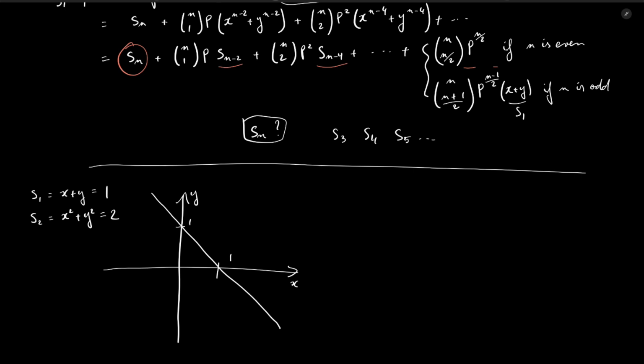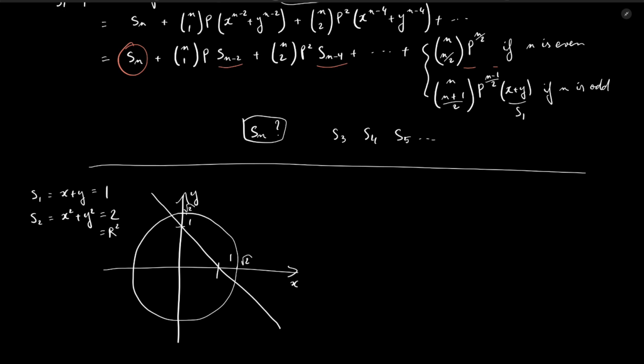Okay, so now the equation x squared plus y squared equal 2 is nothing else than the equation of a circle of radius square root of 2. x squared plus y squared equal r squared is the equation of a circle of radius r. So we can draw this circle that will look more or less like this. And we know that this circle is crossing the x and y axis at the value square root of 2 and square root of 2.